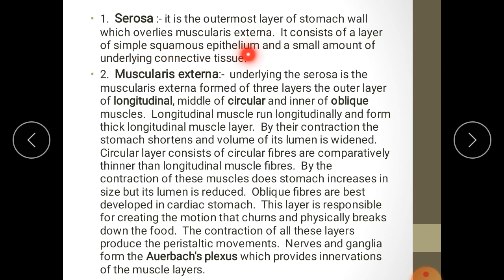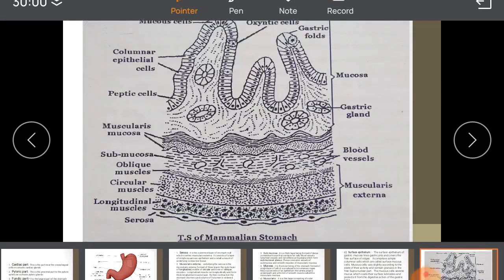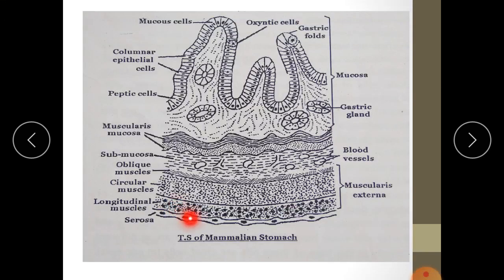It is made up of squamous cells, therefore it is simple squamous epithelium. It is present outside the stomach, the outermost layer.